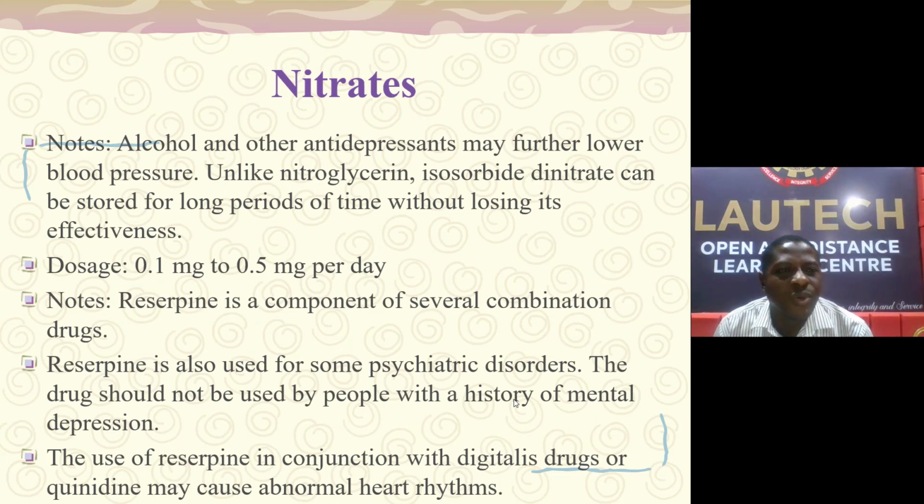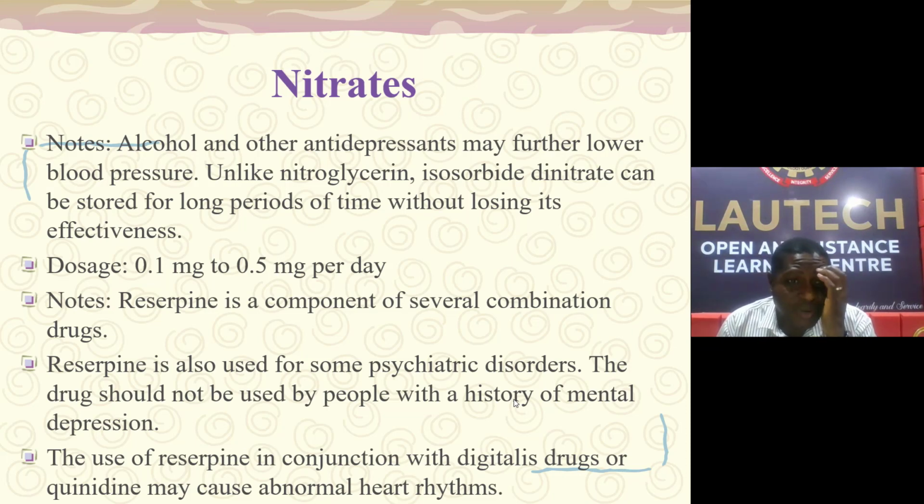Still on nitrates. Note, alcohol and antidepressants may further lower blood pressure. Unlike nitroglycerin, isosorbide dinitrate can be stored for a long period of time without losing its effectiveness. Dosage: 0.1 milligram to 0.5 milligram per day.